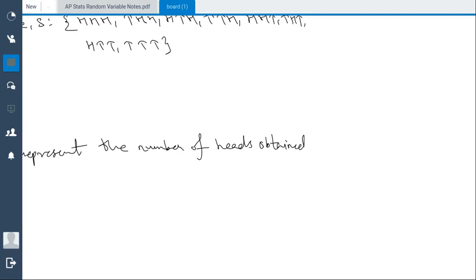So X can have how many values? X will take some numerical value. So a random variable takes numerical values. Random variable. We defined sample space.